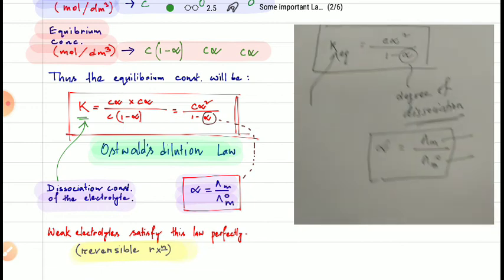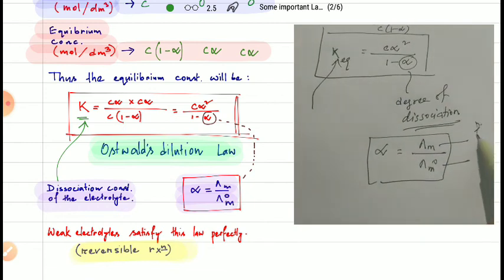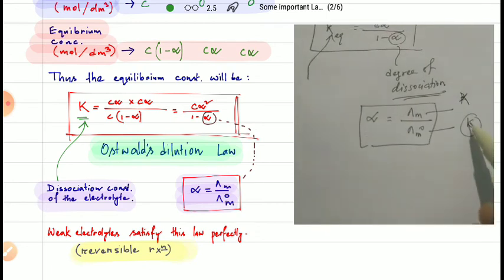Understand? This can be calculated from the kappa value, that means the specific conductance.